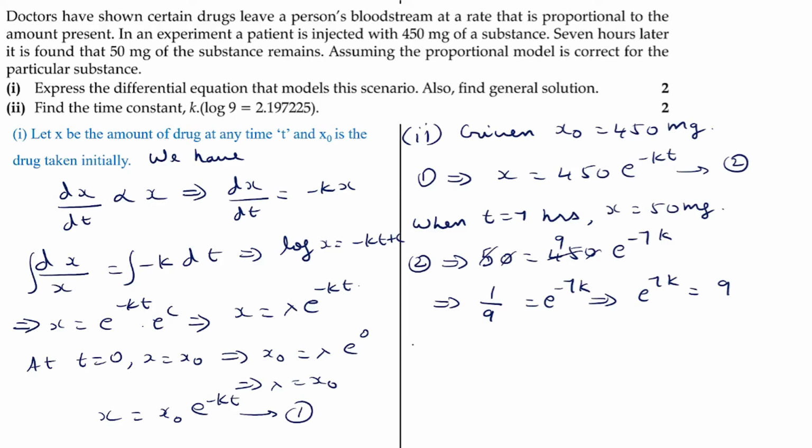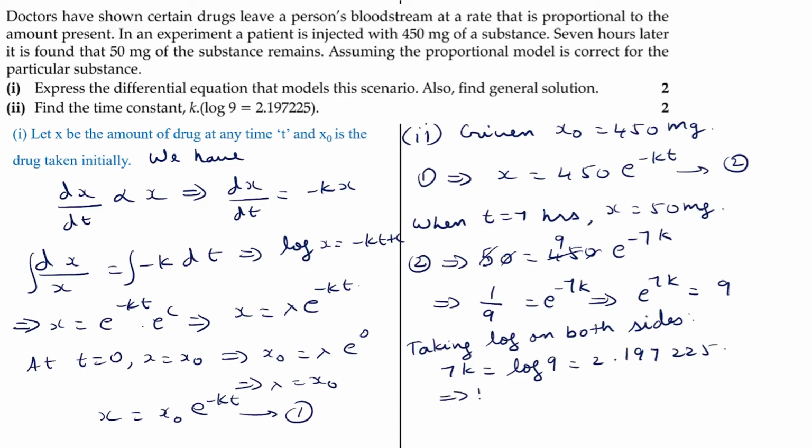So if we take log on both sides, we get 7k as log 9. Log 9 is given in the question, it is equal to 2.197225.